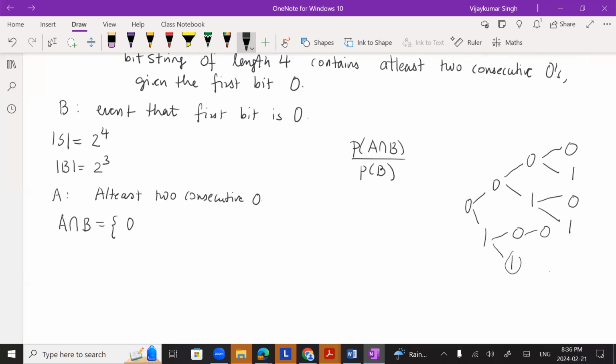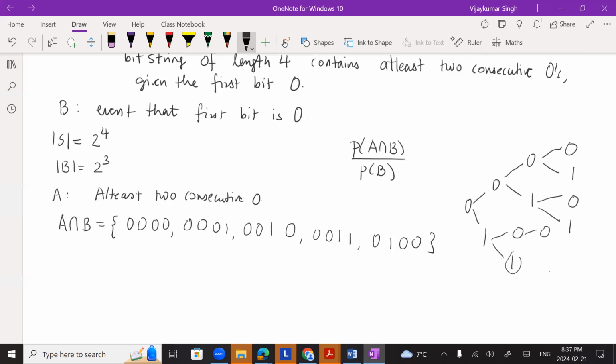So my A intersection B is what? I have 0, 0, 0, 0. I have 0, 0, 0, 1. I have 0, 0, 1, 0. I have 0, 0, 1, 1. This is for this branch here. And then the other option is 0, 1, 0, 0.